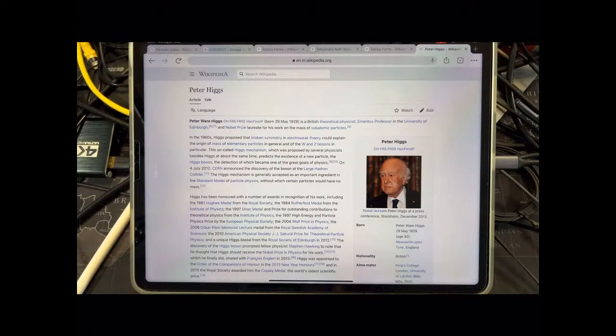He works in Switzerland, at CERN, which is the biggest lab in the world about elementary particles.